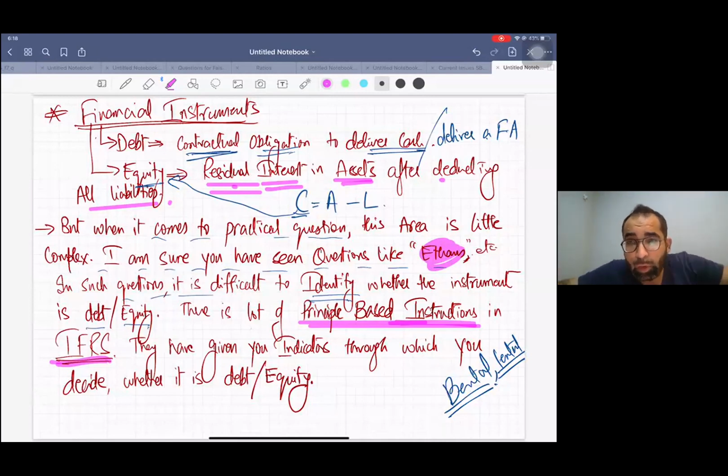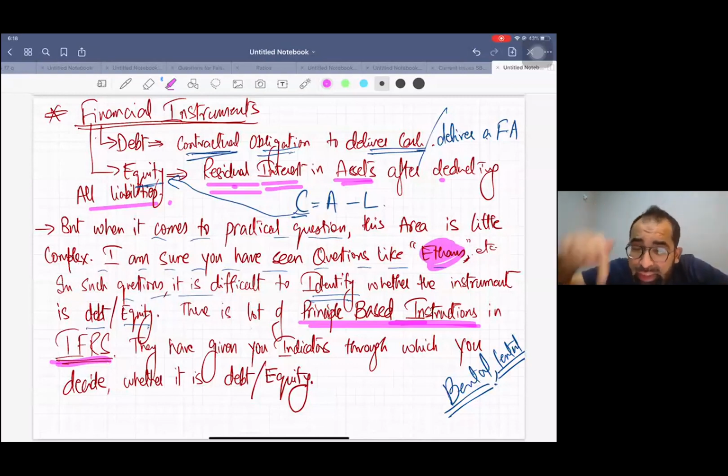Okay, now open your eyes and listen to this issue. And yes, this issue is relevant for you, all are accountants. IFRS is much more principle-based, but United States US GAAP is rule-based.